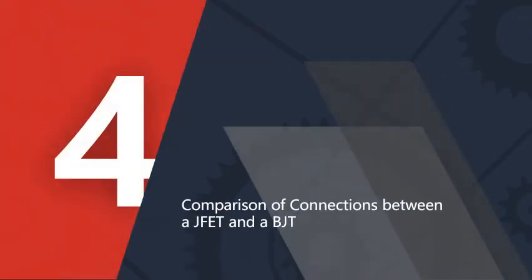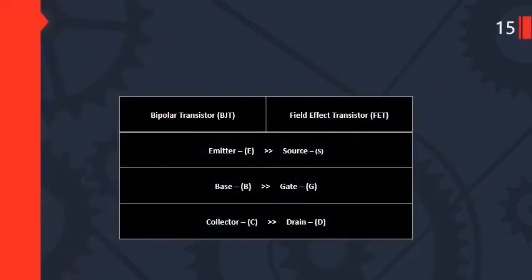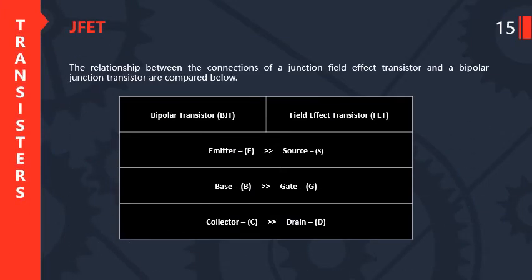So the next topic is comparison of connection between JFET and BJT. The relationship between the connections of a junction field effect transistor and a bipolar junction transistor are compared below. In a BJT, there are 3 terminals: emitter, base and collector, denoted by E, B and C respectively.